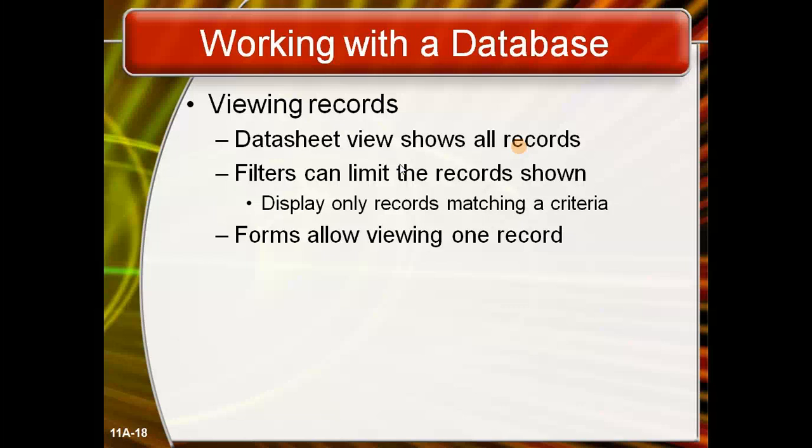If you are interested in the employees who have a salary less than, for example, 15,000 a year, then you will be filtering. So the datasheet will give you all records, filters will give you a customized list, and forms allow you to review only one record.